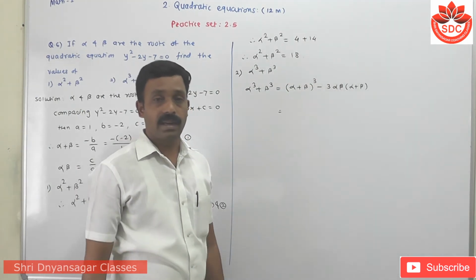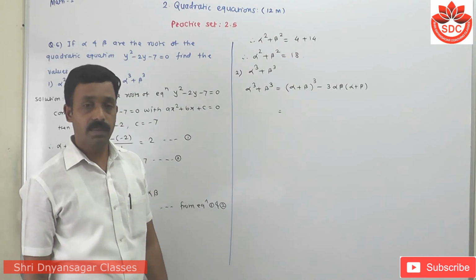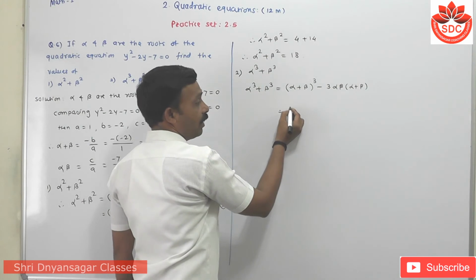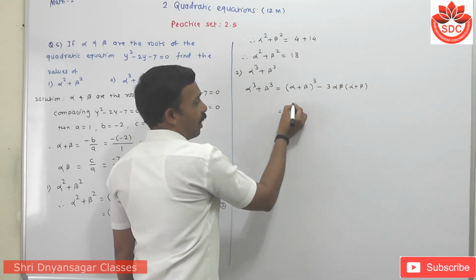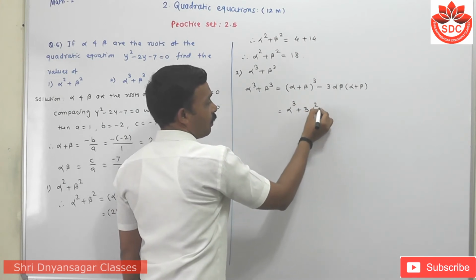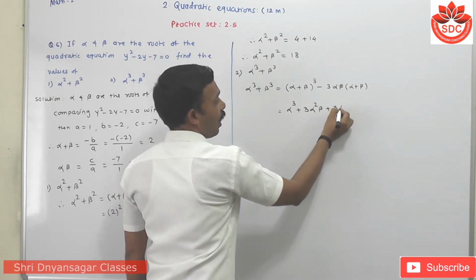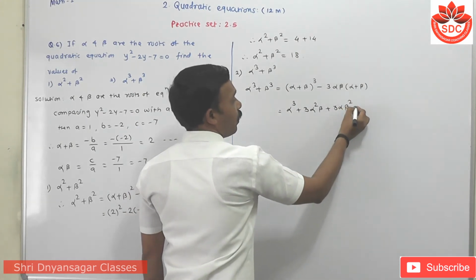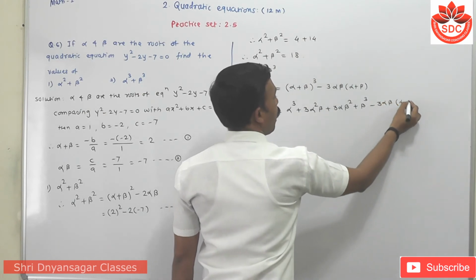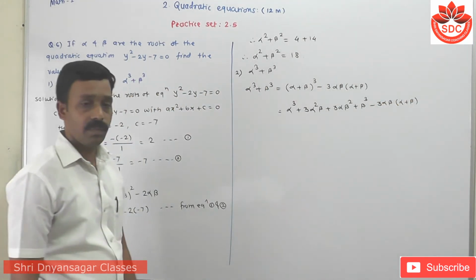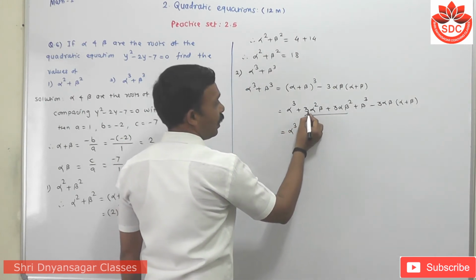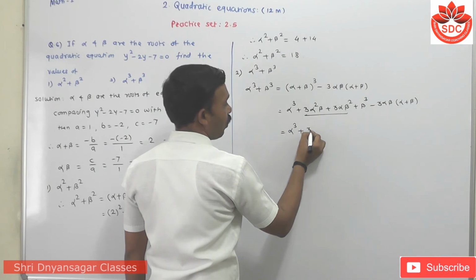The formula is a cube plus 3a square b plus 3ab square plus b cube. By using this formula, I write alpha cube plus 3 alpha square beta plus 3 alpha into beta square plus beta cube minus 3 alpha beta into alpha plus beta as it is. Then from this I take common; look carefully, 3 alpha beta we take common.